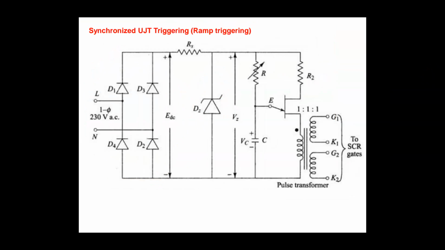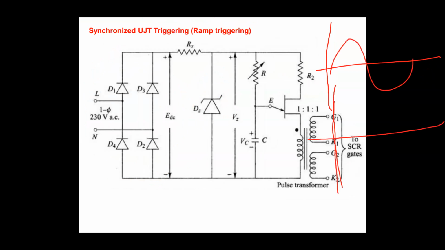So what is the output? What is EDC here? This is a sine wave I'm going to give, an AC signal input. So what is EDC? Anyone? You don't know. You don't know the basic rectifier output?